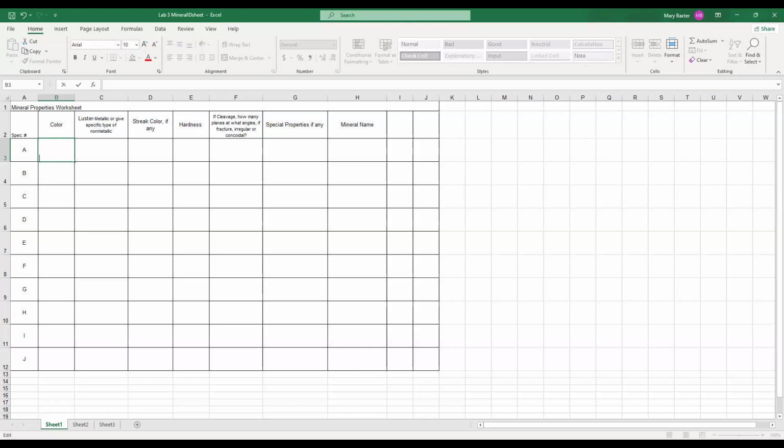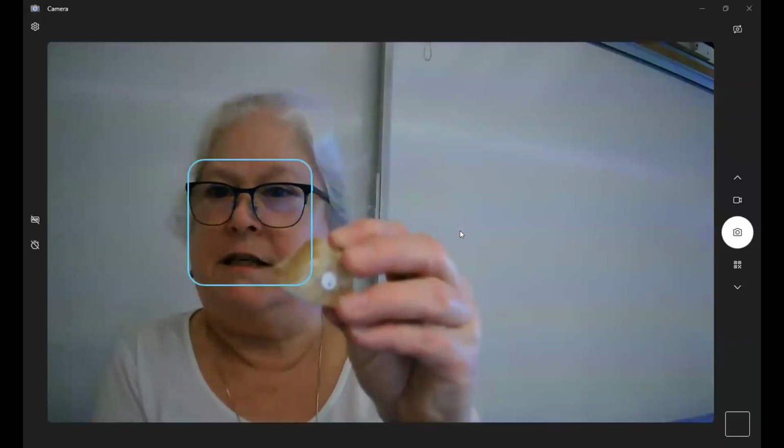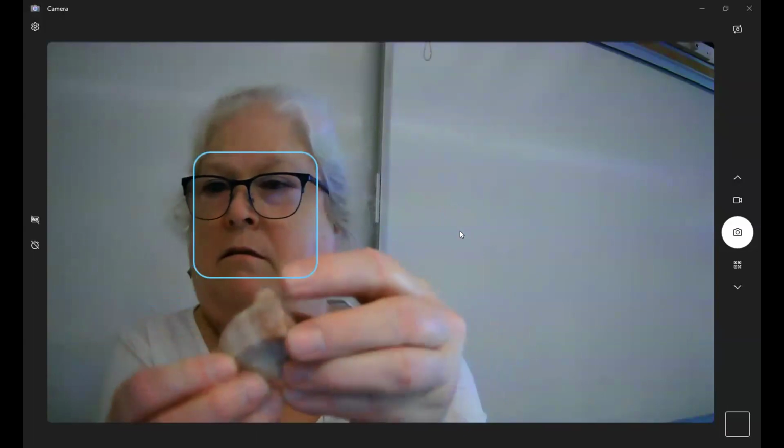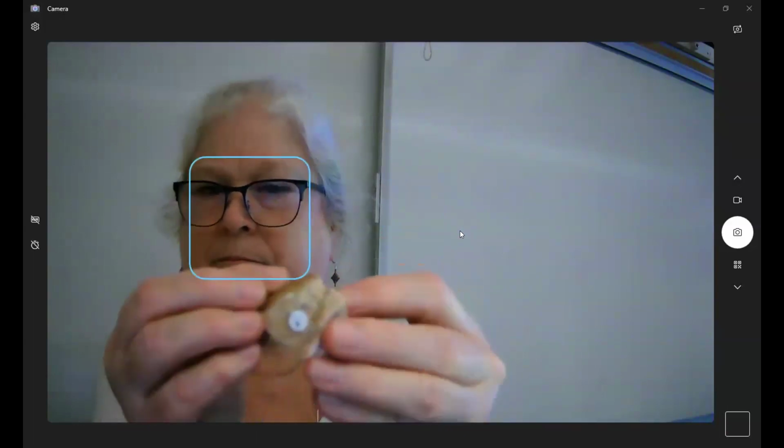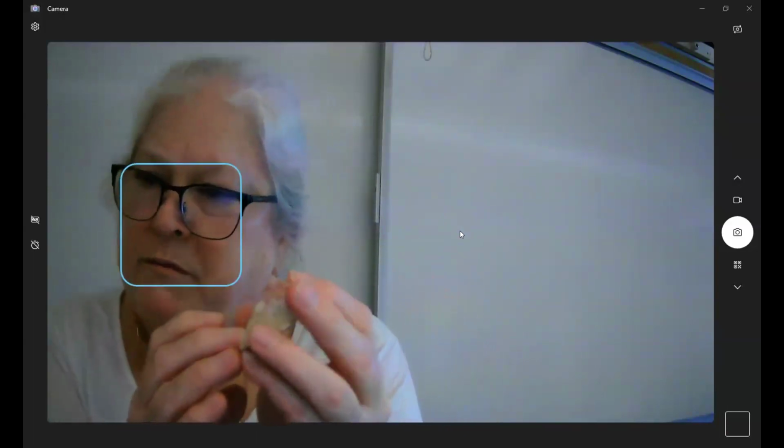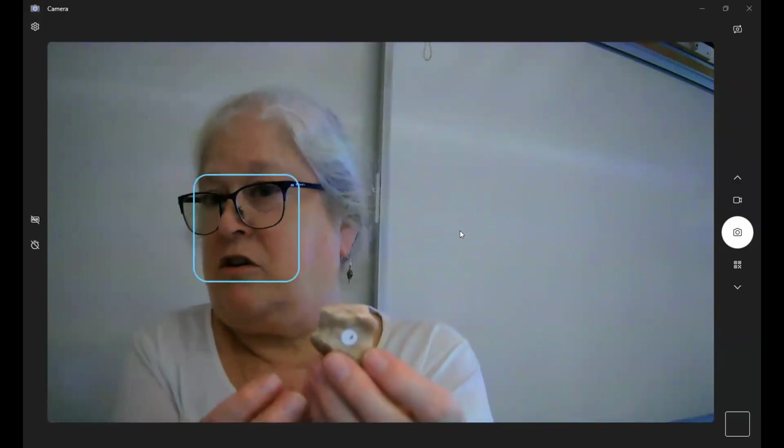Oh, I gotta go back to my camera to show you that. Okay, so now you're seeing me, right? Here's specimen A. Some of the specimens, like I said, are going to be a darker color than this.